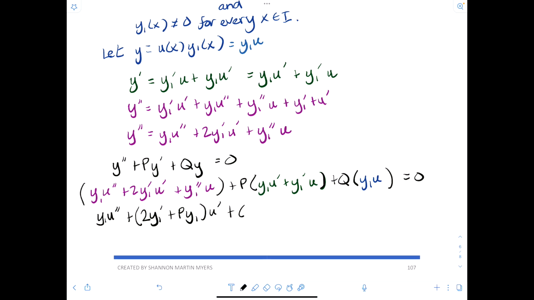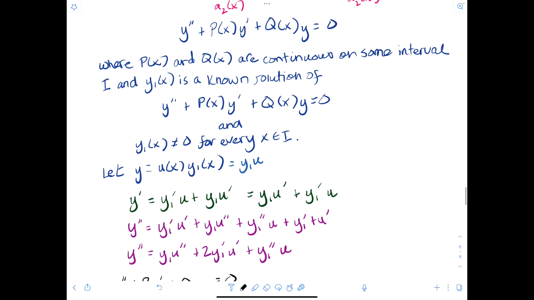So we'll have y1 double prime plus p y1 prime plus q y1, all times u, has to be 0.